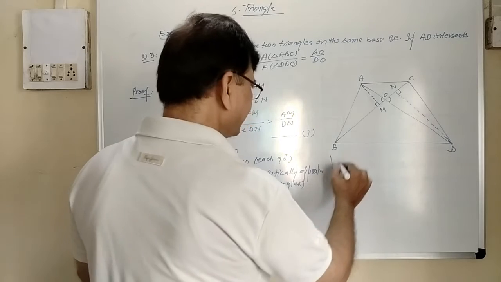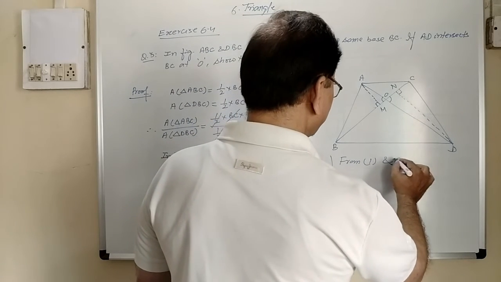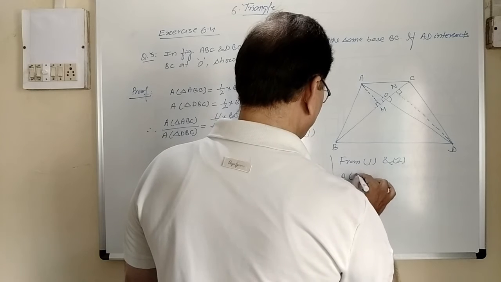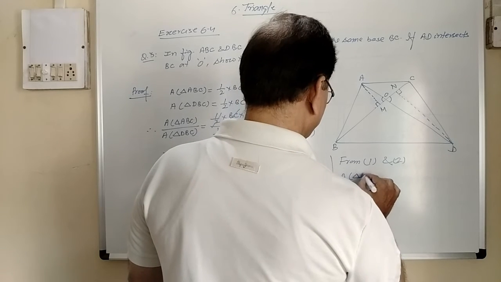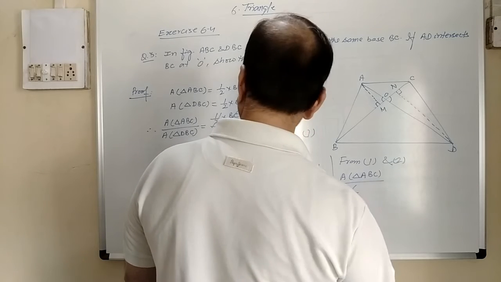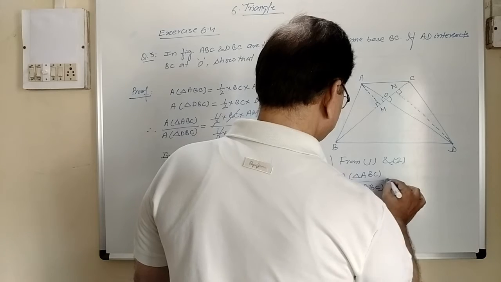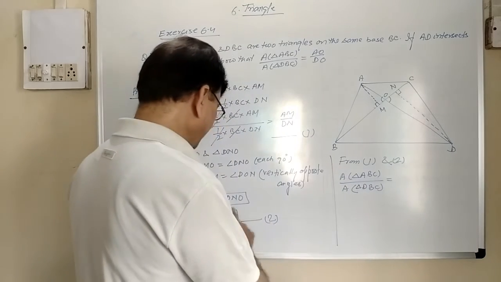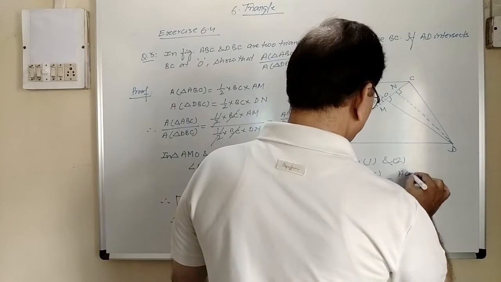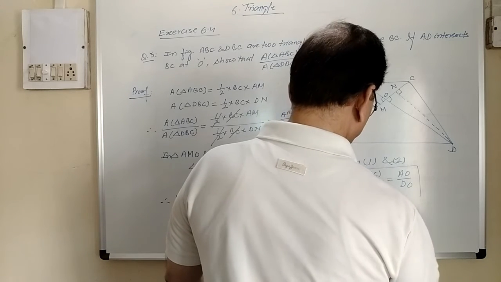So we can write from relations 1 and 2, area of triangle ABC upon area of triangle DBC is equal to AO upon DO. This is proved.